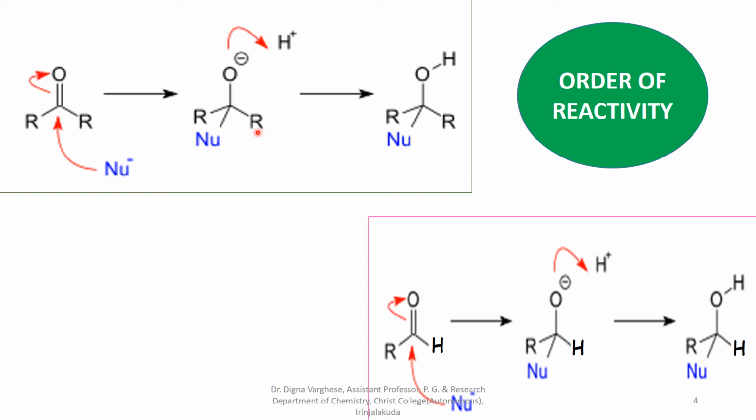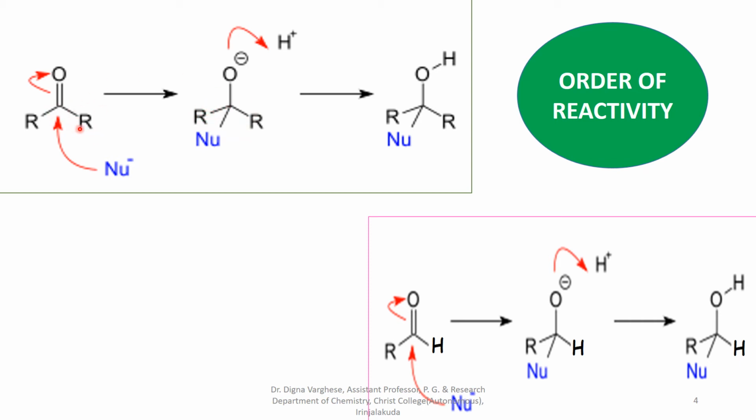For this reason, the alkyl groups are closer to the carbonyl carbon, and the nucleophile is also attached to it. So in the transition state for a ketone, the alkyl groups are closer when compared to the original ketone.